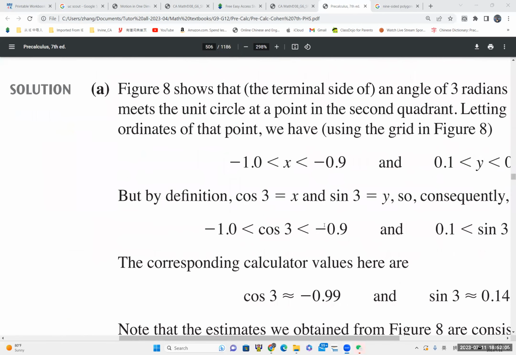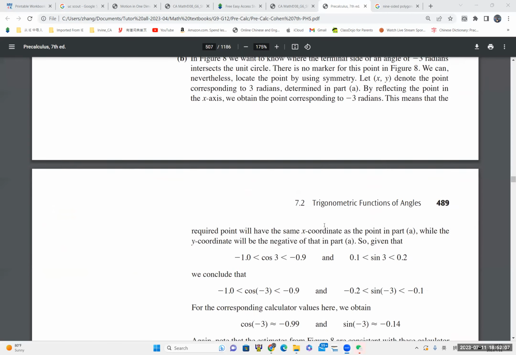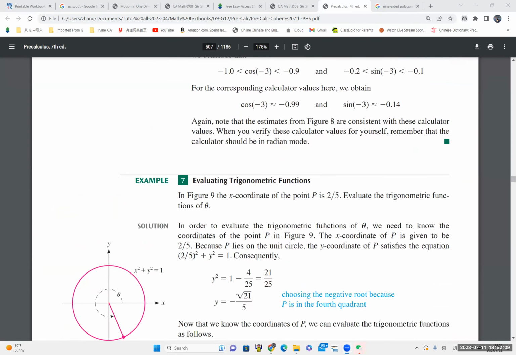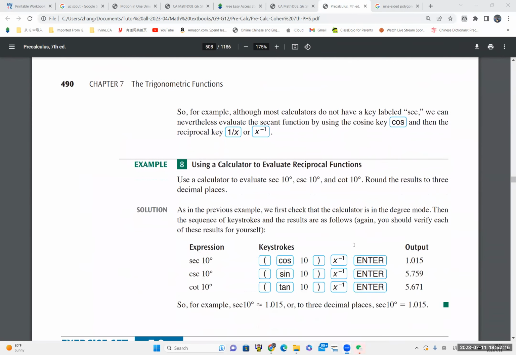Okay, let's keep going. Trigonometric functions. Okay, we'll pass this.